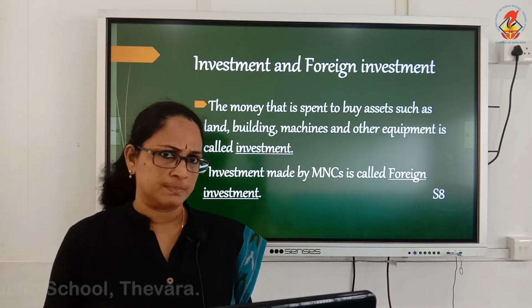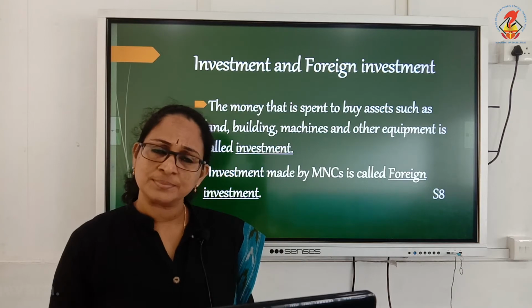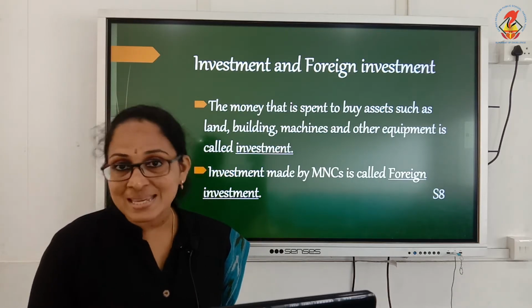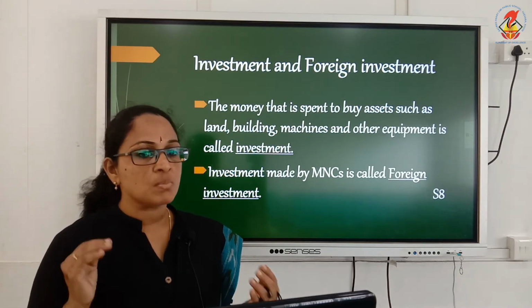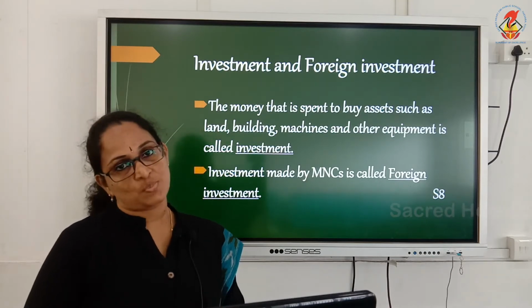That is investment. But what is foreign investment? Investment made by the MNC is called foreign investment.